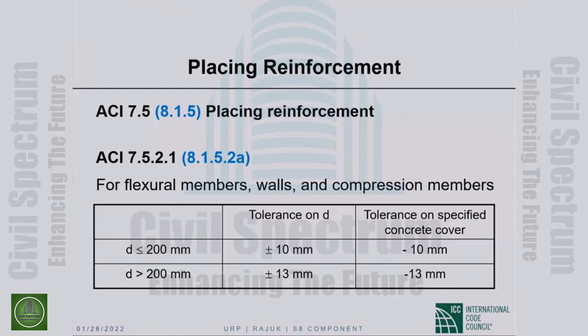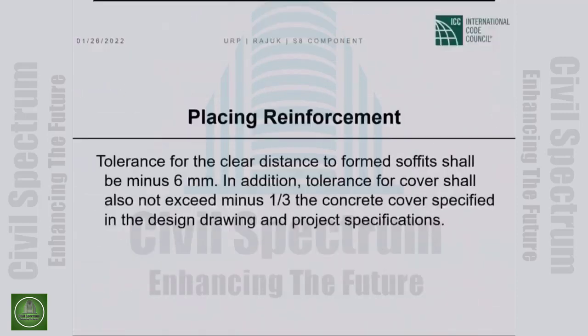The tolerances on specified cover are minus 10 millimeters for the shallower members, and minus 13 for d exceeding 200 millimeters. Okay, there is no given tolerance on the plus side. So the specified cover can be thinner by 10 or 13 millimeters. It can be thicker, but we don't have a specified tolerance.